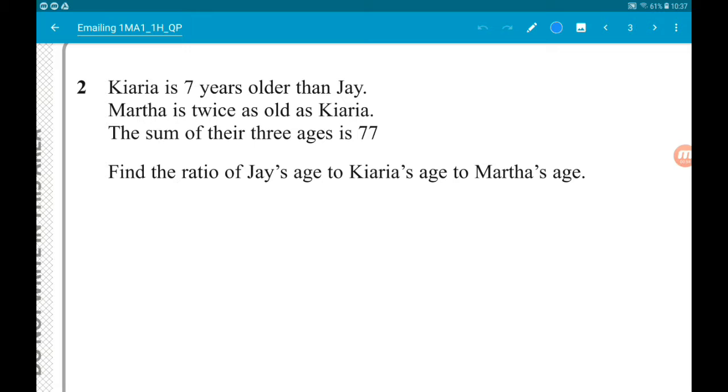So if we say that Kira is x years old, then if Kira is 7 years older than Jay, Jay is 7 years younger than Kira, which is x minus 7. And then we know that Martha is twice as old as Kira, so Martha is 2x.